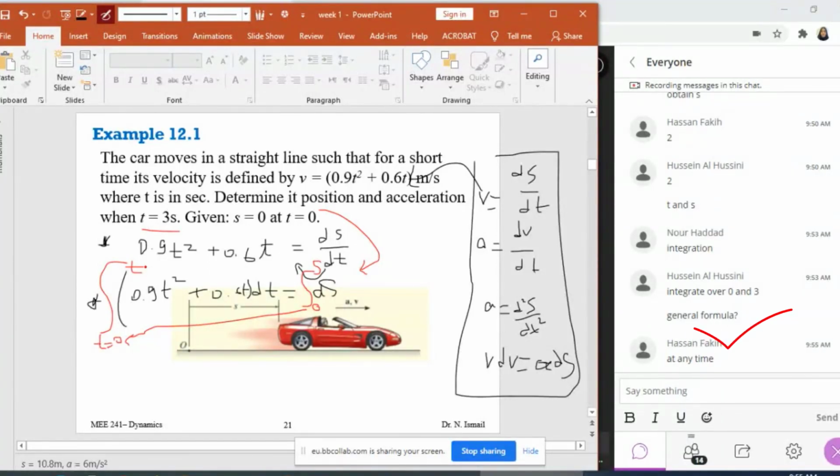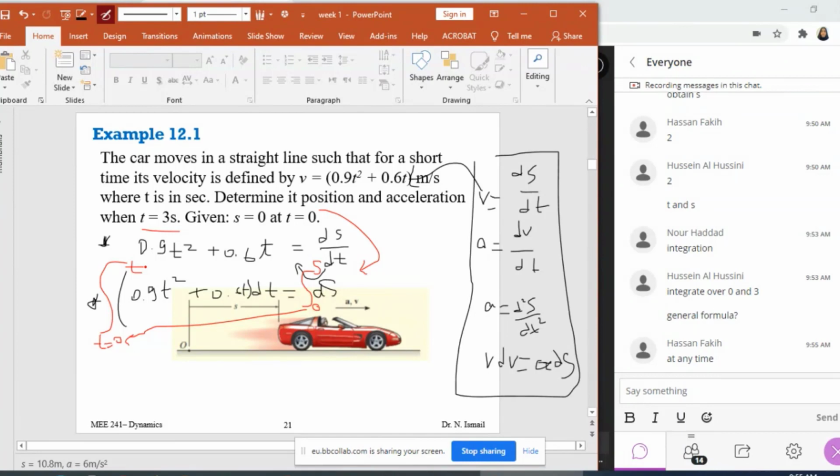So basically, if I do the integration of this equation between 0 and s and between 0 and t, I'm gonna have the equation of s for any time t, and then the last step will be to substitute this t by the 3 seconds, which is the question.